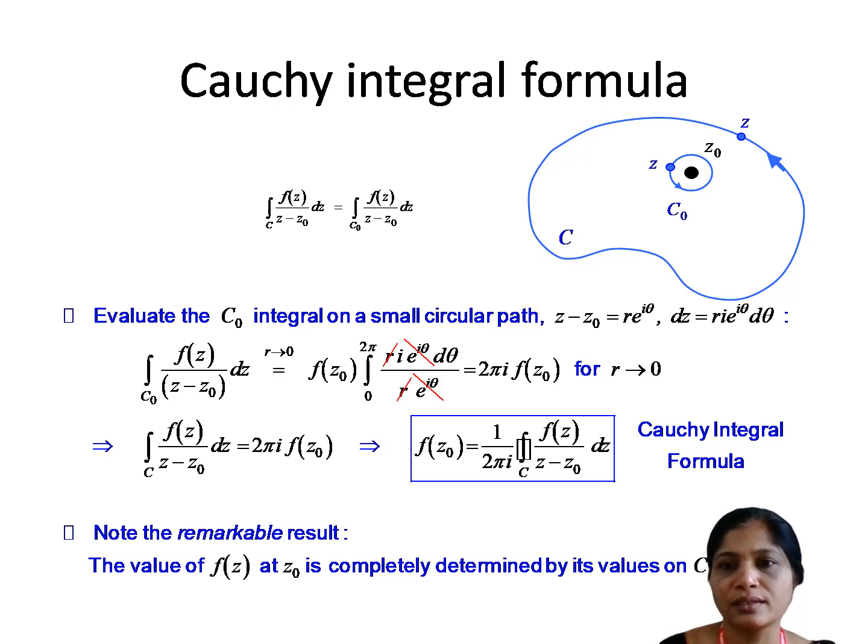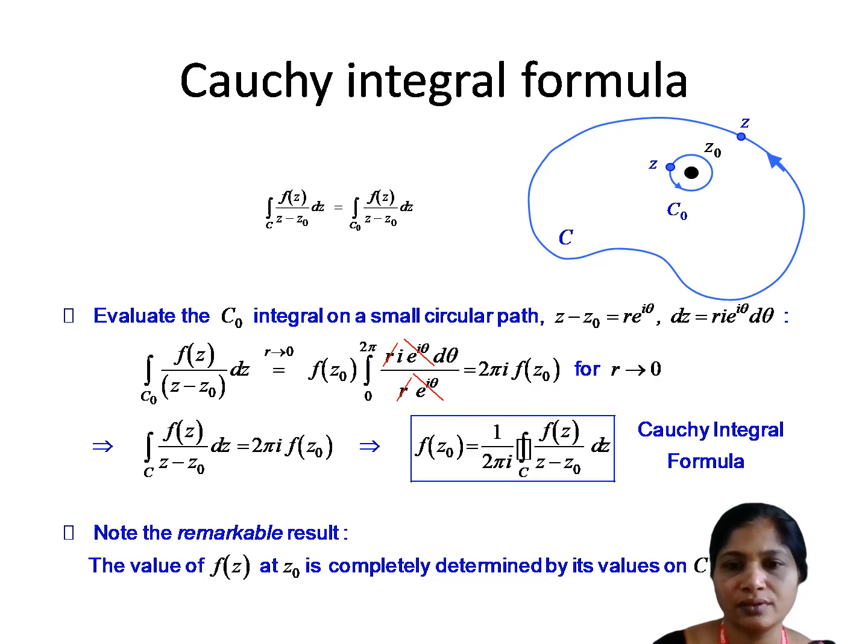R tends to 0, and the limits of the integral are 0 to 2π. As R tends to 0, we get f(z₀ plus R e^(iθ)) is equal to f(z₀), and the limits are 0 to 2π. And dz is equal to R i e^(iθ) dθ divided by z minus z₀, which is R e^(iθ). That is 2πi times the integration of dθ, which is θ, with limits 0 to 2π. Substituting these limits, we get 2π.